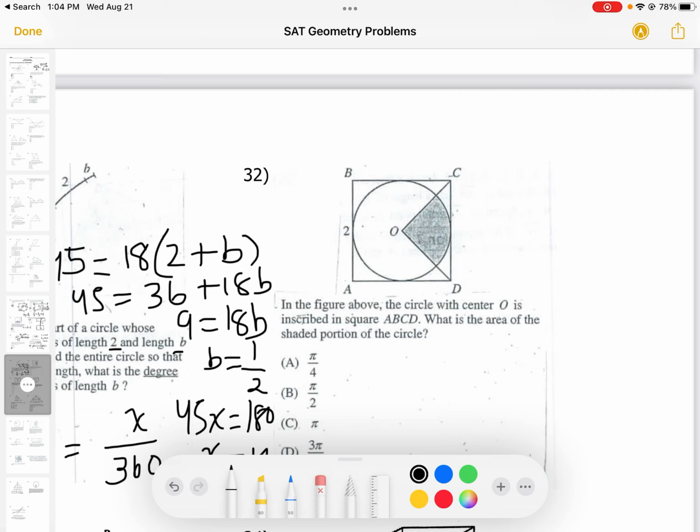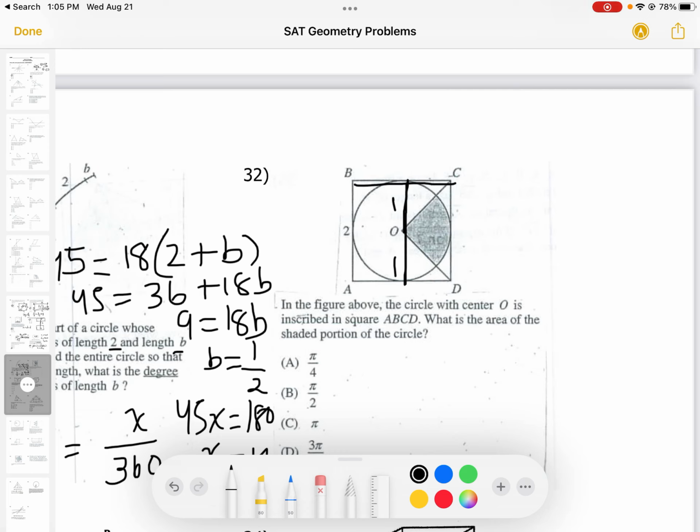All right. We know what the radius of the circle is. Right? It's just 1. And this is also 1. Right?